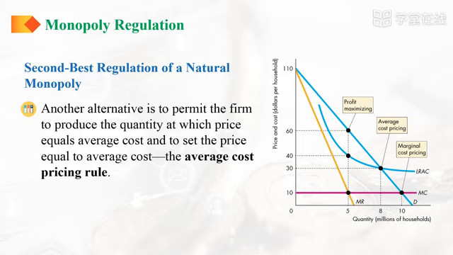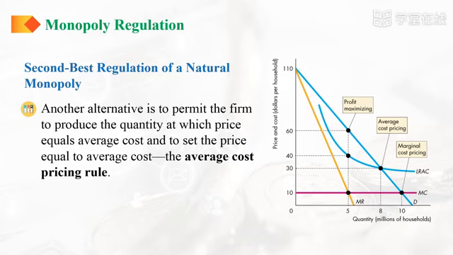The average cost pricing rule sets the price equal to the average total cost. With this rule, the firm produces the quantity at which the average total cost curve cuts the demand curve. This rule results in the firm making zero economic profit, breaking even.